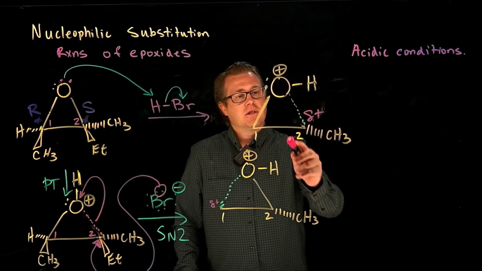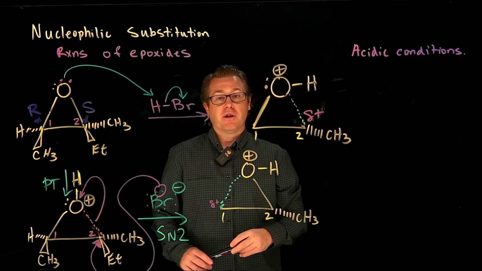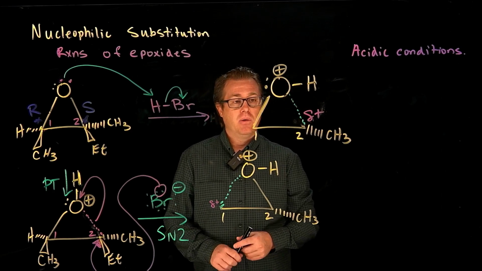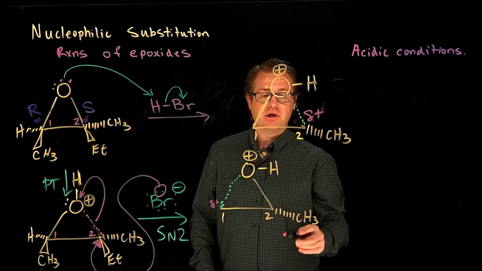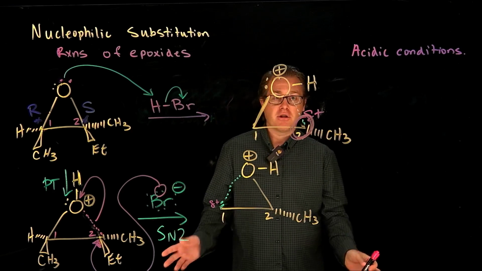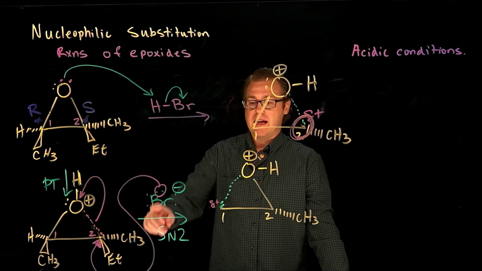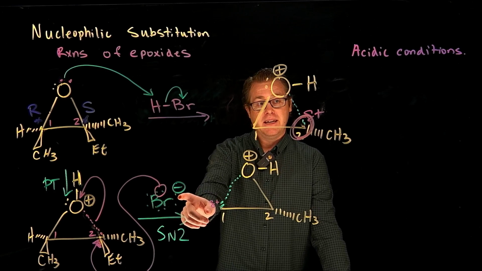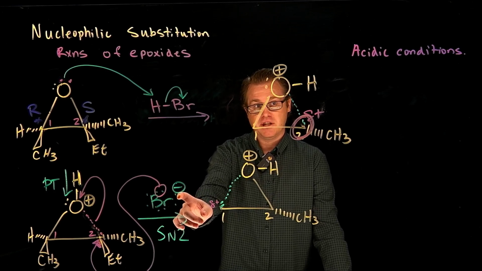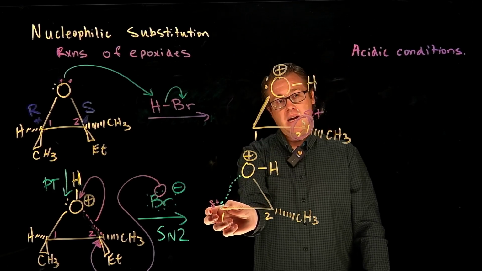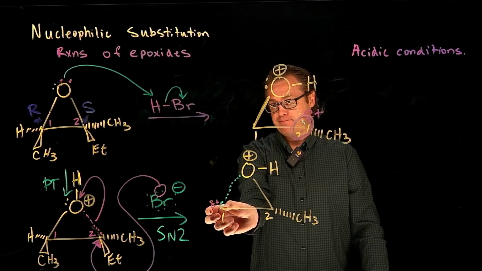And so that's why under acidic conditions, the attacking species is going to attack the more substituted carbon, because there is a larger partial positive. And so that nucleophile, which is negatively charged in this example, is going to feel a stronger attraction to this larger partial positive than to this tiny partial positive. Okay?